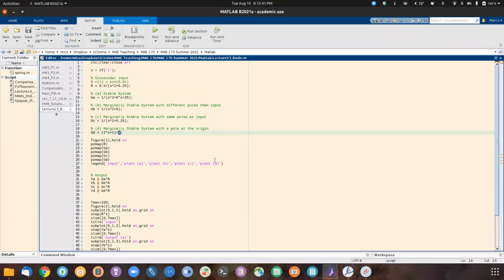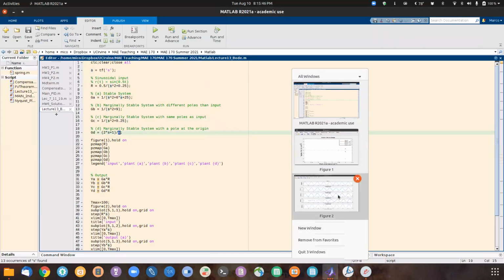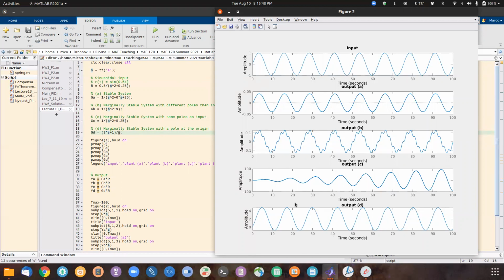When you have one pole at the origin, the system will behave exactly like a stable system. So the response will have the same frequency of the input and will change the amplitude and the phase, but the overall response will be shifted.